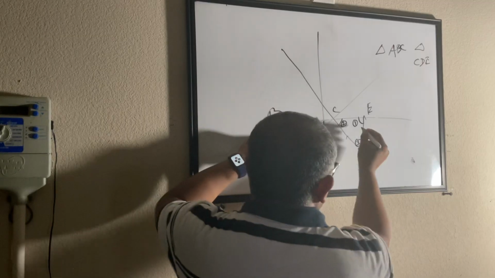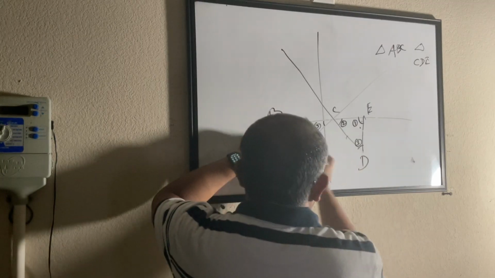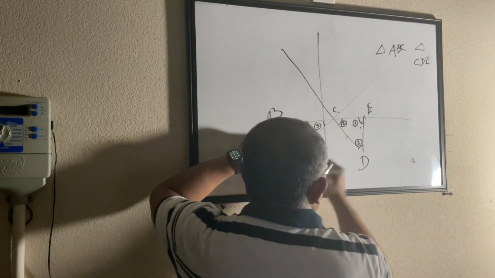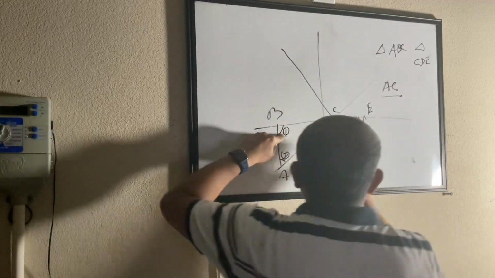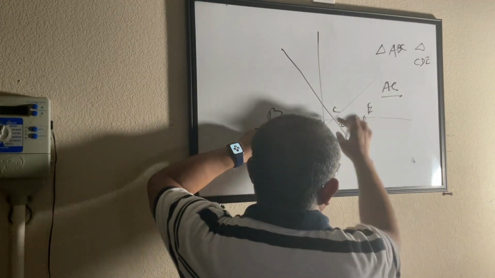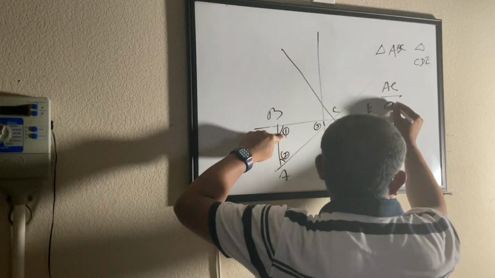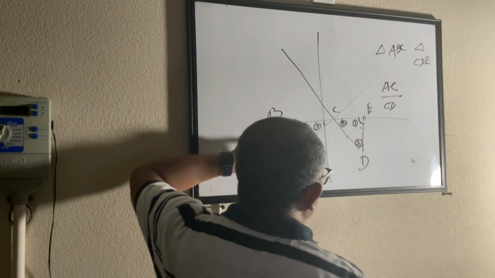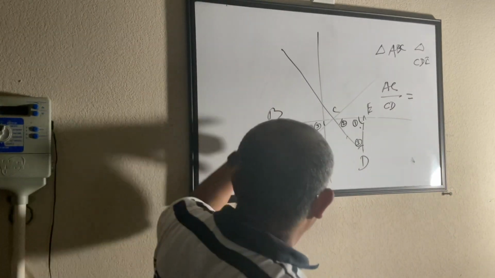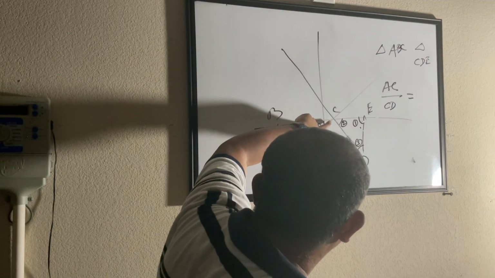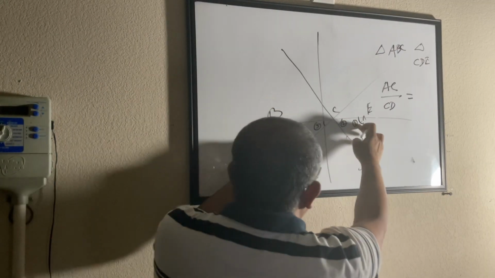This is angle 1, angle 1. Side opposite to that, if you are taking this, AC over side opposite to this, which is CD, will be equal to AC over CD. This is the side opposite to angle 1.